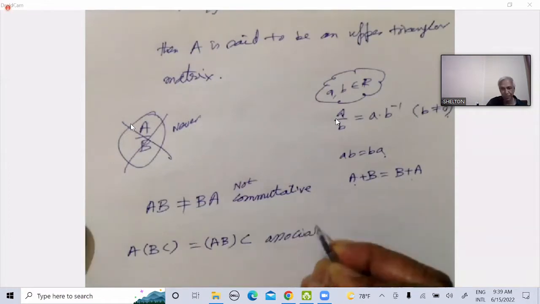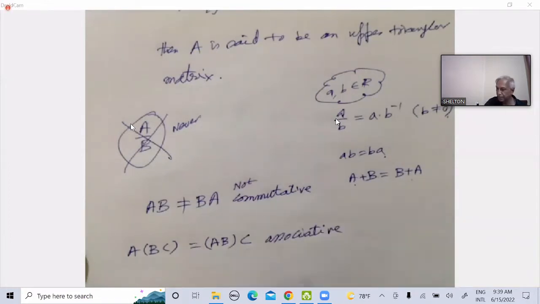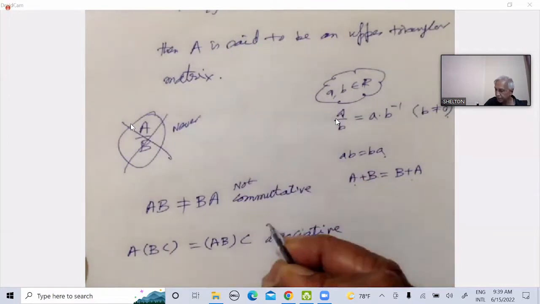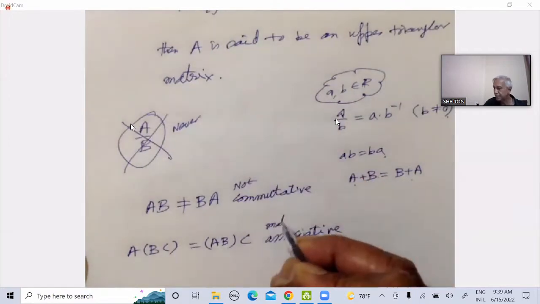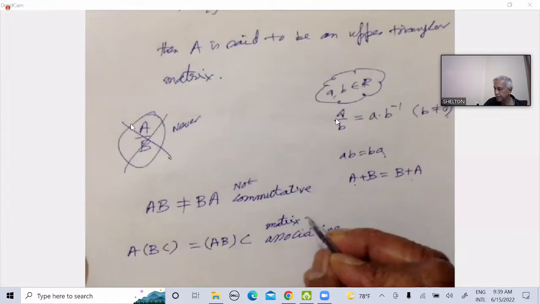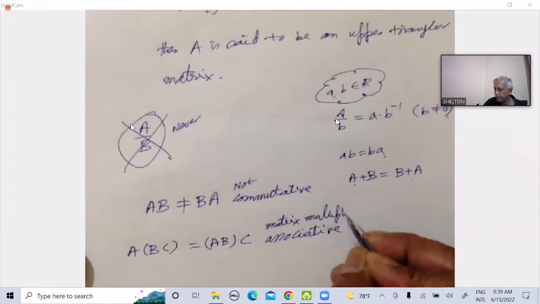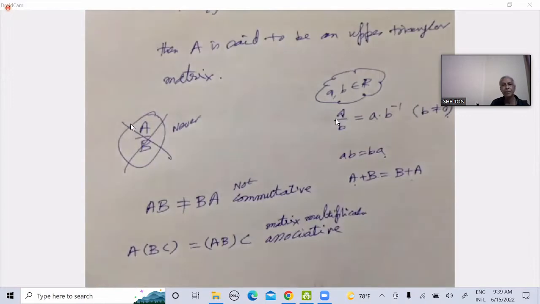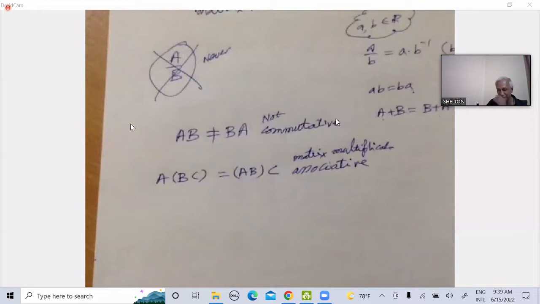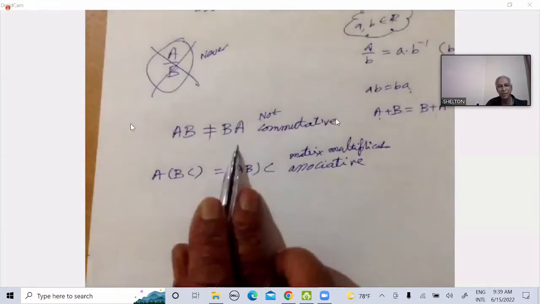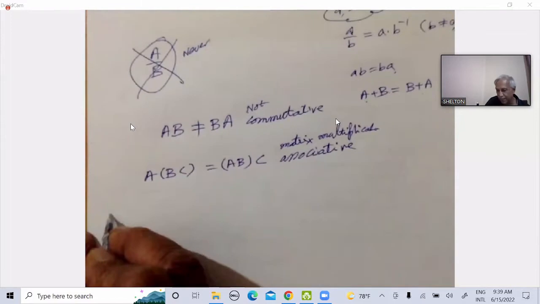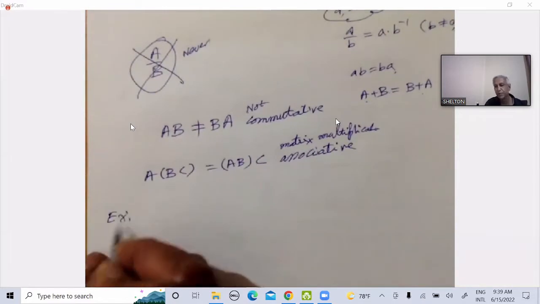Matrix multiplication is associative, but it is not commutative. It's surprising that, not being commutative, it becomes associative. Let me give an example for this, then write down all the properties and then go to inverse.